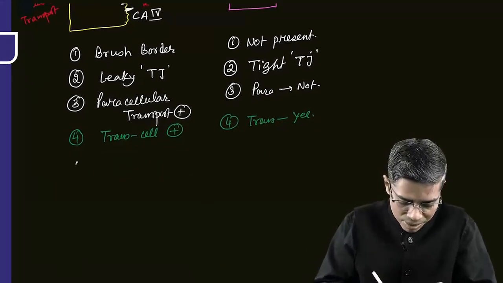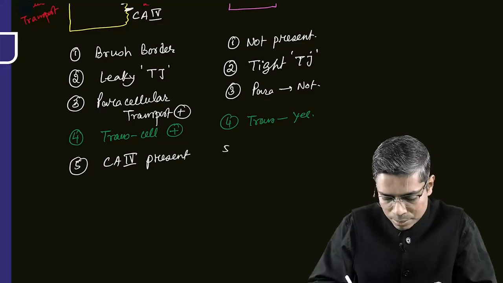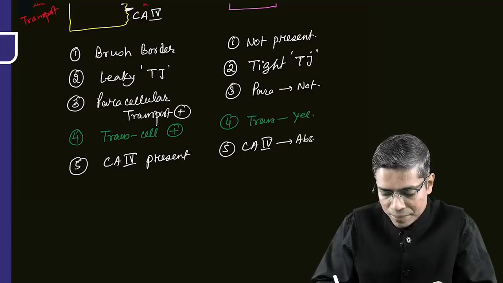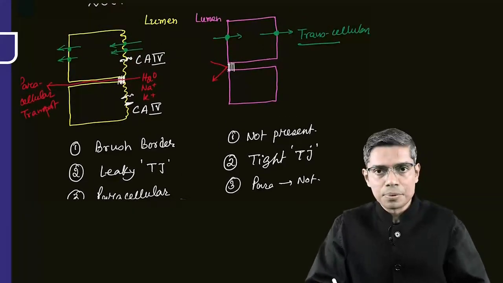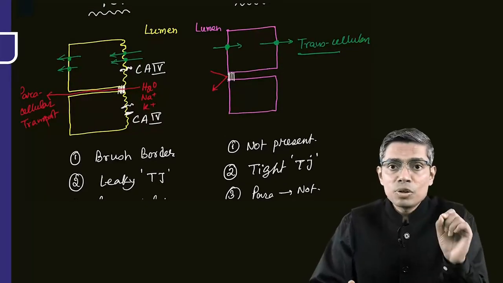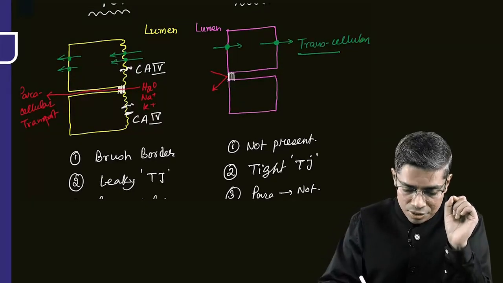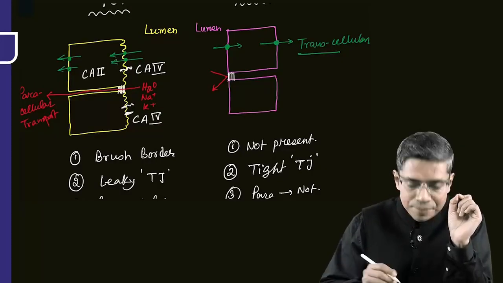So I am writing here the fifth difference. CA type 4 is present in the proximal tubular cell, but absent in the collecting duct epithelial cell. Apart from CA type 4, there are other varieties of carbonic anhydrase. The cytoplasmic carbonic anhydrase is the CA type 2 variety.